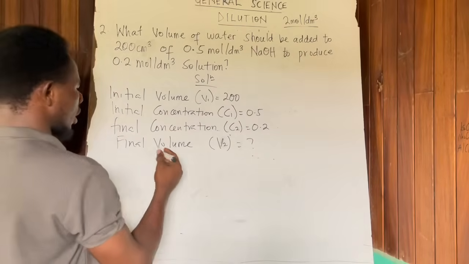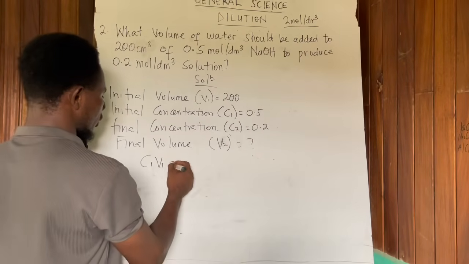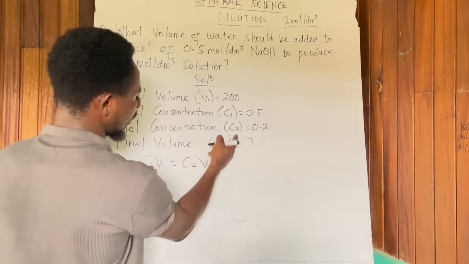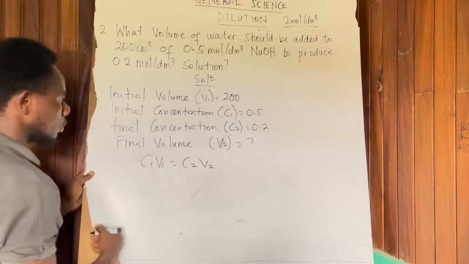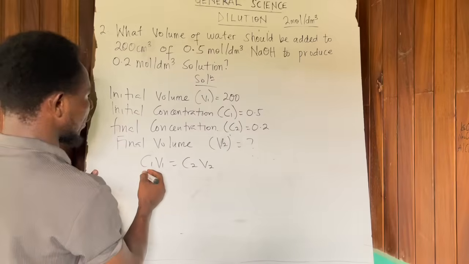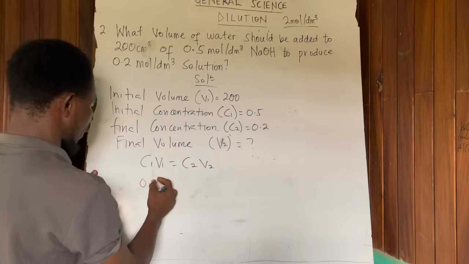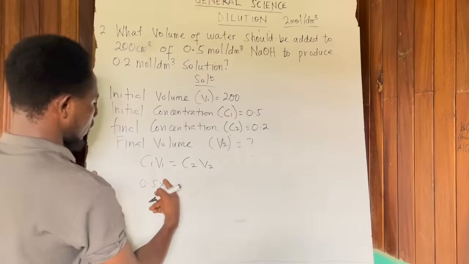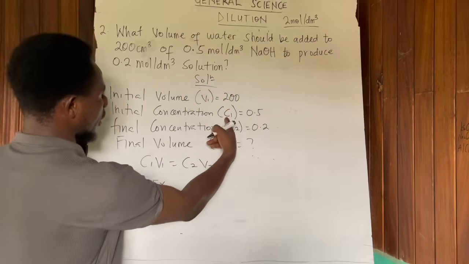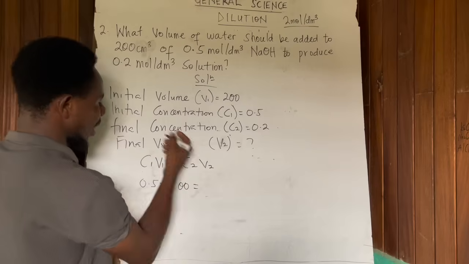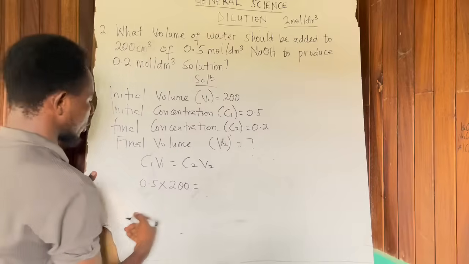First of all, C1 V1 is equal to C2 V2. Now I have V1, C1, C2. I'll have to find my final volume. So let me find my final volume first. So C1 is 0.5 times V1, 200. It's either you put in the values or you make the other one the subject, then you put in the values.